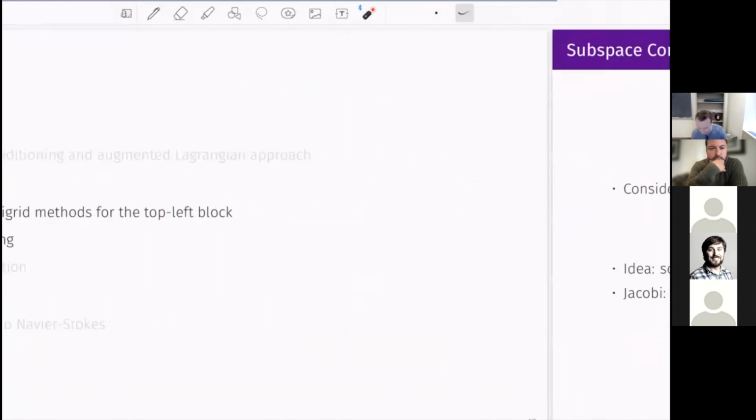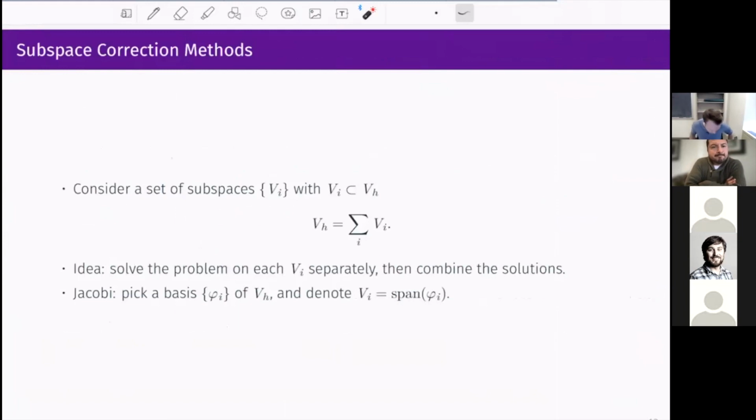OK, so let's take care of the smoothing first. The concept that we're going to use here is subspace correction methods. It's an abstract framework that actually encapsulates a whole bunch of different approaches for building preconditioners. And some of the preconditioners that you already know can actually be described by this framework.